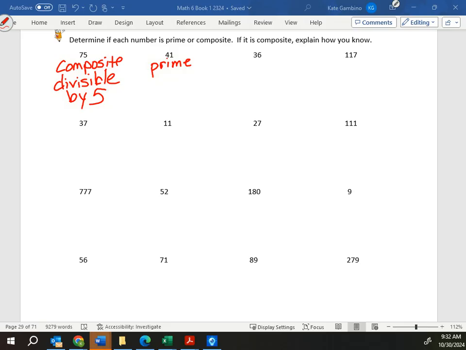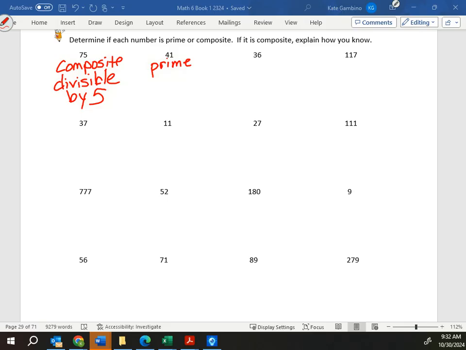Is it divisible by 3? 4 plus 1 equals 5. 5 is not divisible by 3. There's not a 5 in the ones place. If there's a 5 in the ones place, it's an odd number, but it can still be composite. So that's why I say, don't look at just whether it's an even number. 75 is not even.